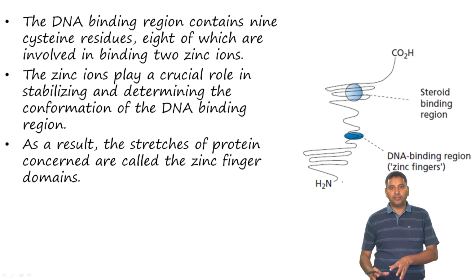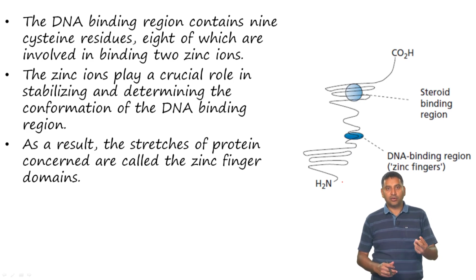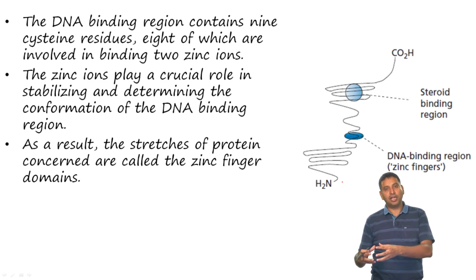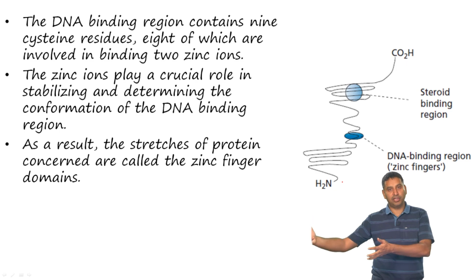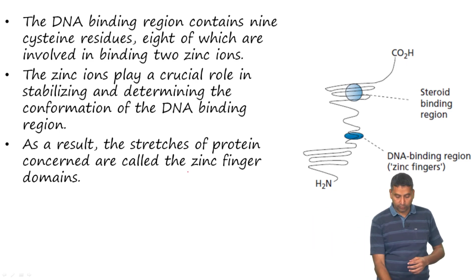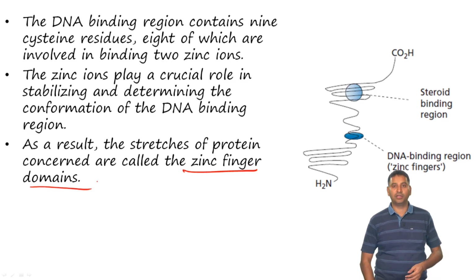The DNA binding region contains 9 cysteine residues, 8 of which are involved in binding 2 zinc ions. Zinc ions play a very crucial role in stabilizing and determining the conformation of the DNA binding region. This protein has to bind to specific stretches of DNA, and as a result, these stretches of protein are sometimes referred to as zinc finger domains.